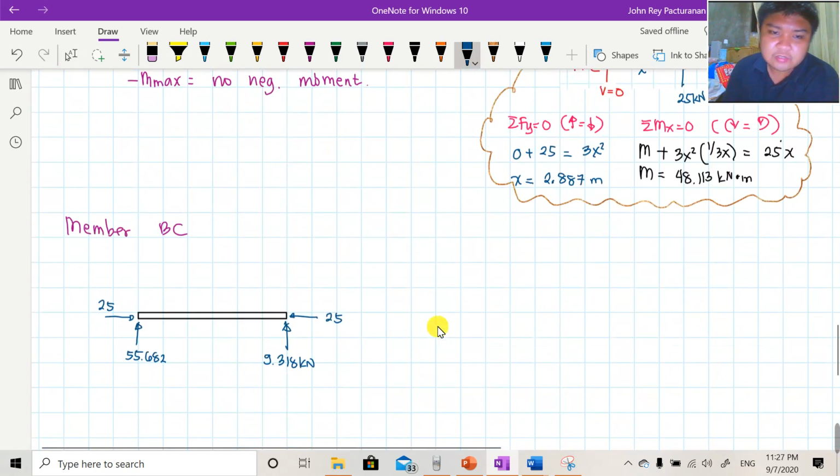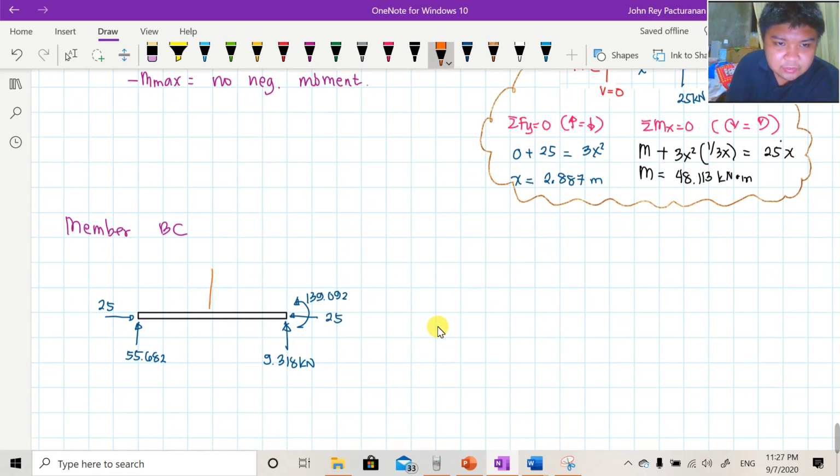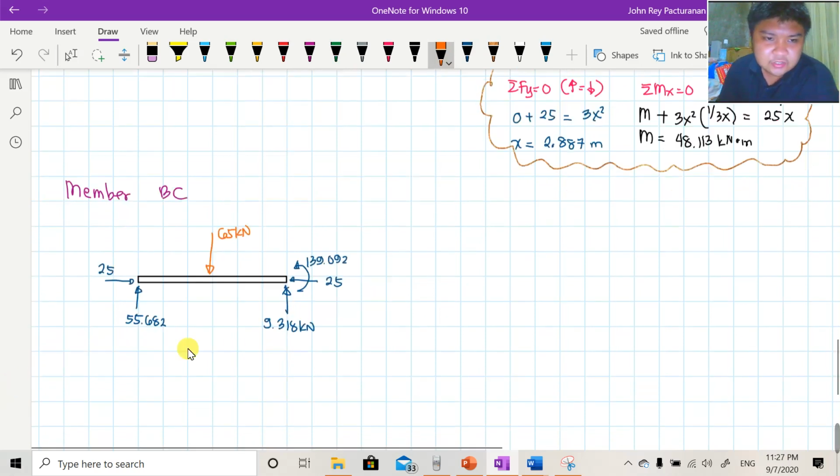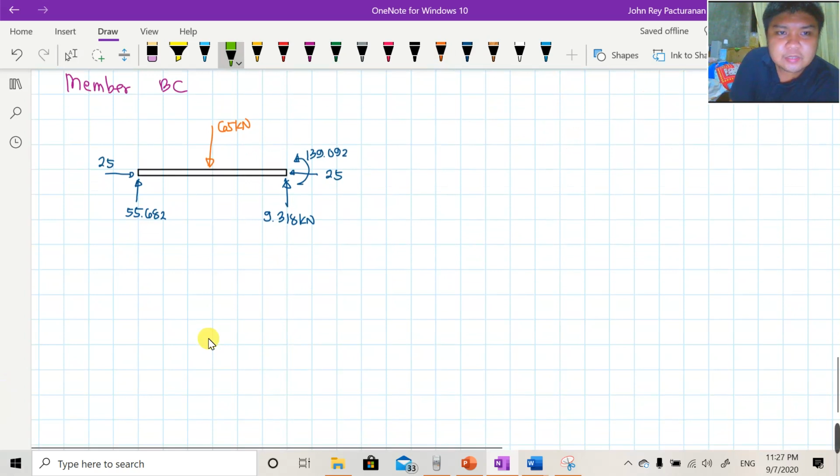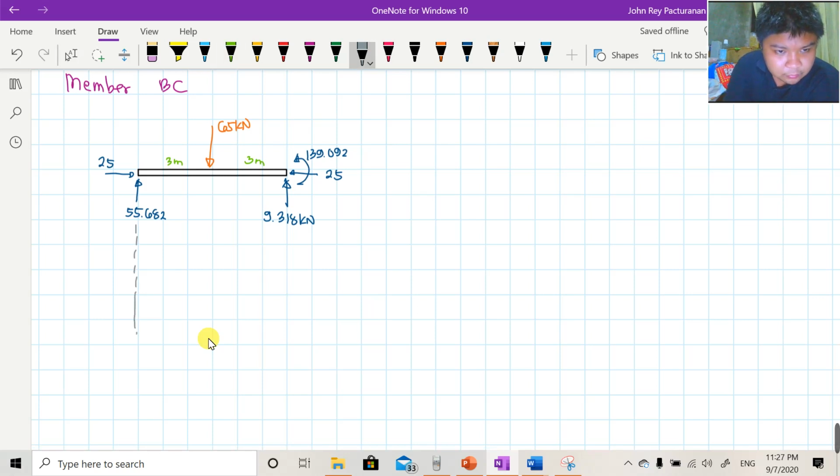So, counterclockwise, 139.092. And of course, we consider the 65 kilonewton here. So, diretso na natin. Ganun din lang naman, 3 meters, tapos 3 meters. Then, ayun. Prepare mo na siya, class.